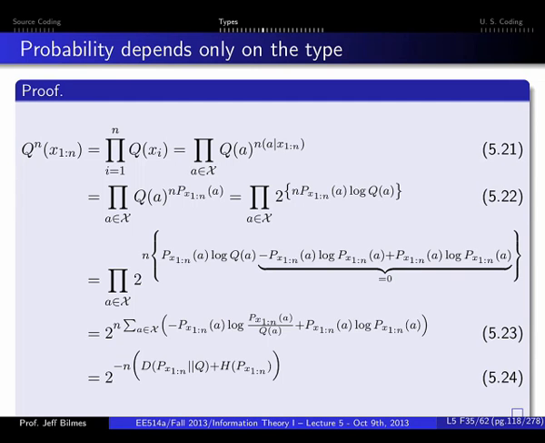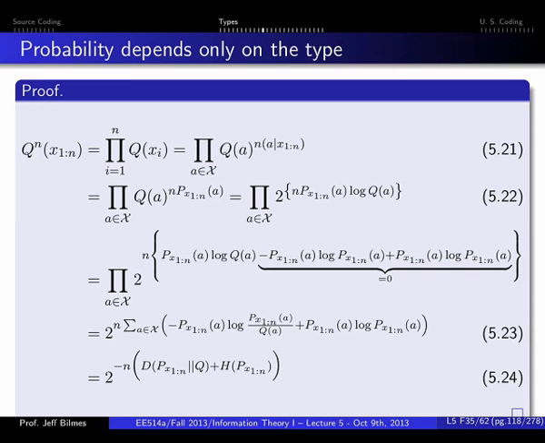So in some sense, the Kullback-Leibler divergence gives us how far away the type is. From the perspective of coming up with a probability, depending on how close the type is to the true distribution, that sort of penalizes how far we are from the probability of that sequence being 2 to the negative n h. Notice the other thing that happens.